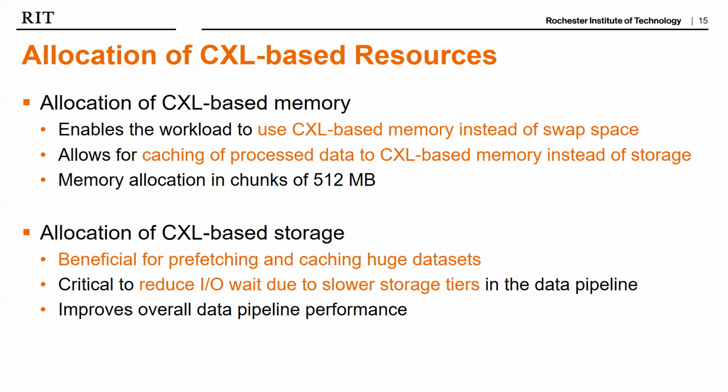Similarly, it also creates CXL-based scratch storage space for workloads to use and read data from, instead of from the slower disk-based storage. This is beneficial for prefetching and caching huge datasets where the available memory is not enough to store the entire dataset, and it improves the overall pipeline performance as well.